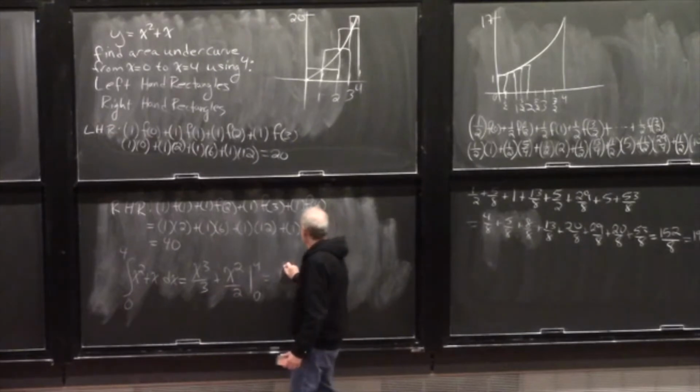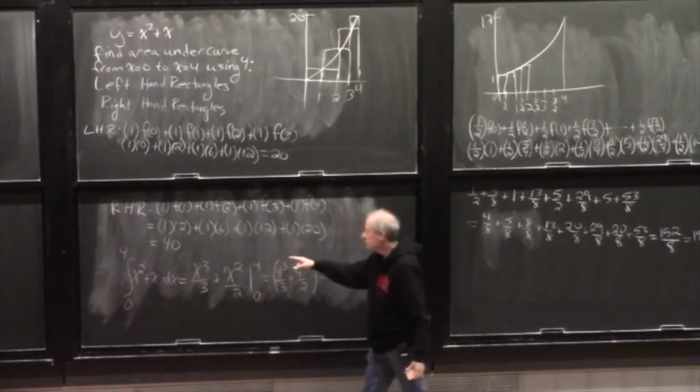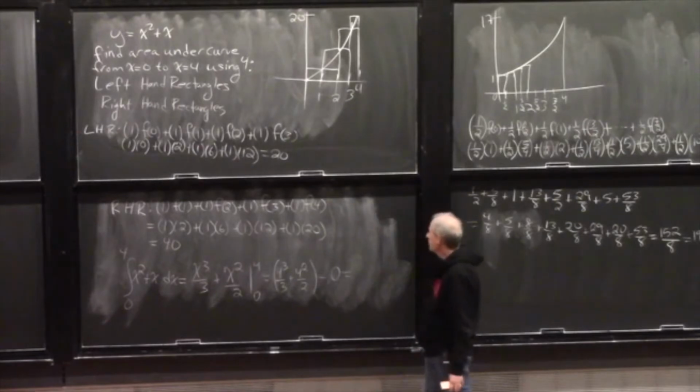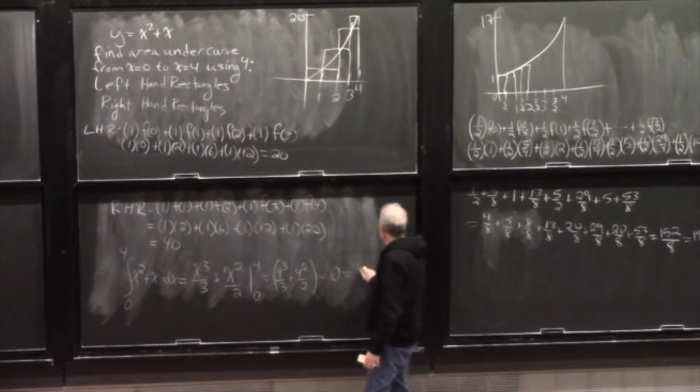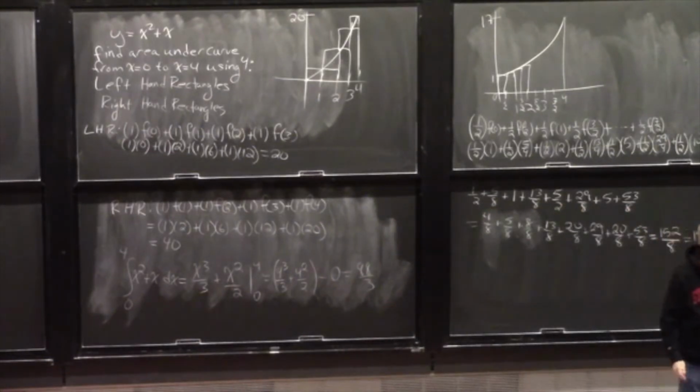So you get 4 cubed over 3 plus 4 squared over 2 minus 0 cubed over 3 plus 0 squared over 2, which is just 0, which is 88 thirds, which is not quite 30, because 30 is 90 thirds, right? It's 29 and a third. Pretty close, though.